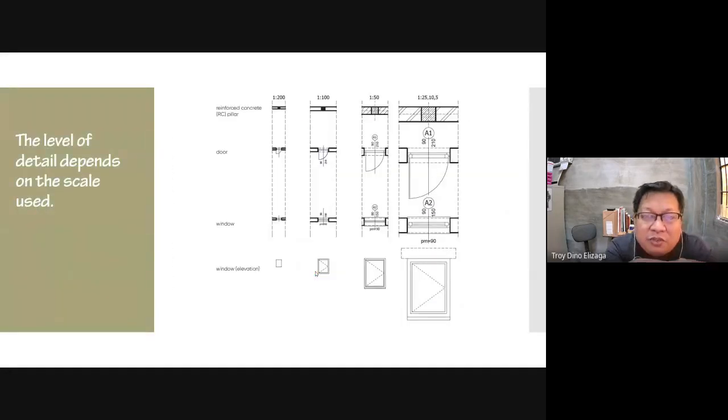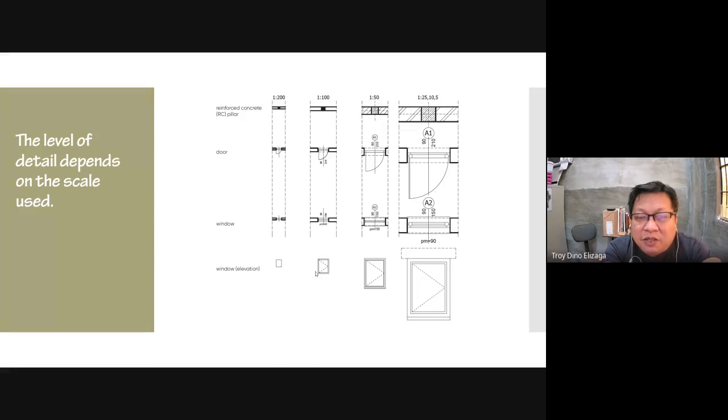Now, when you draw something in different scales, the detail also changes. Here I'm showing you 4 examples: a reinforced concrete pillar, a door, and a window in plan, and a window in elevation. When the drawing is small, you can just put the very basic.